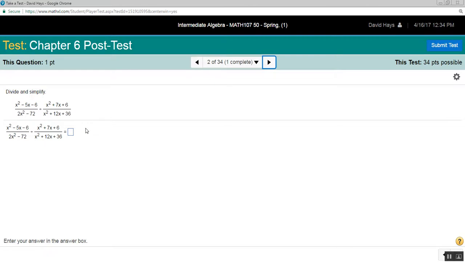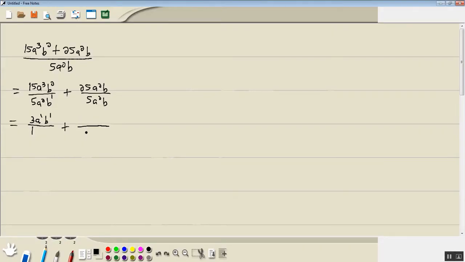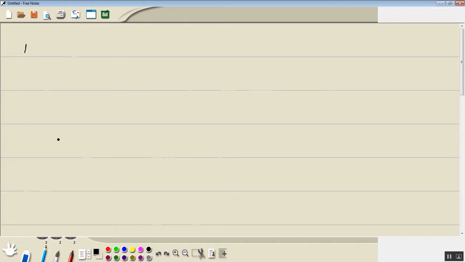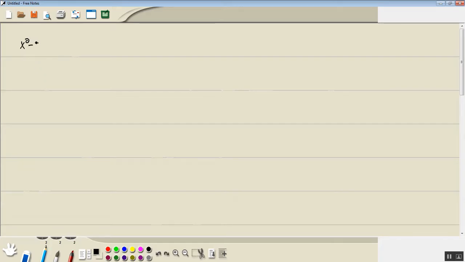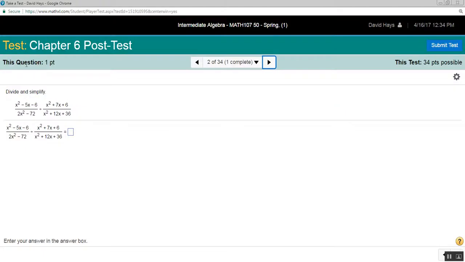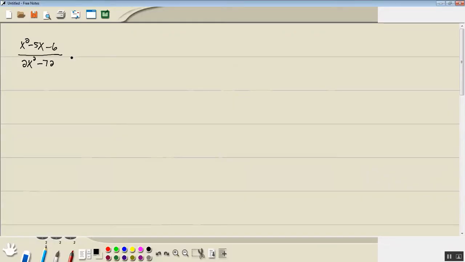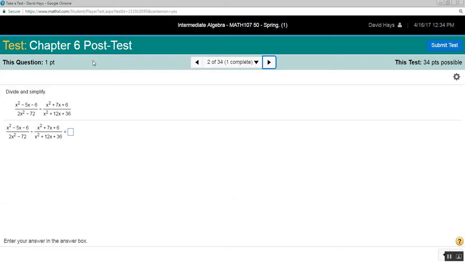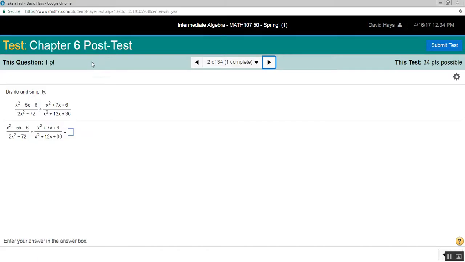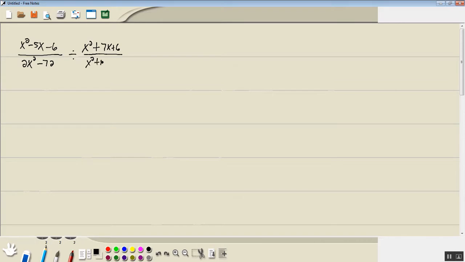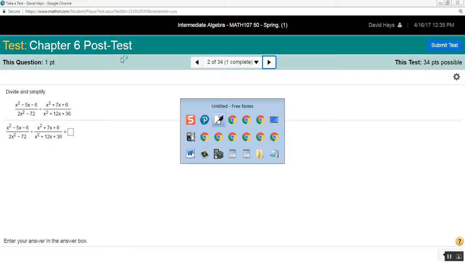Okay, divide and simplify. So we got x squared minus 5x minus 6 over 2x squared minus 72, divided by x squared plus 7x plus 6 over x squared plus 12x plus 36.